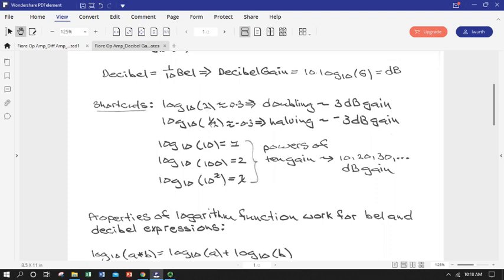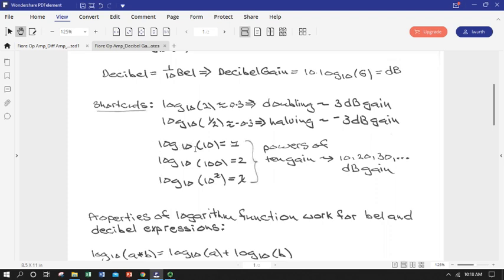So if we halve the power, that's a negative 3 decibel gain. One of the things to remember about logarithms is it basically can turn multiplicative operations into additive operations. So this is something hopefully you studied in your mathematics, but we'll go over those important properties right here. So if you didn't, you will learn them now.